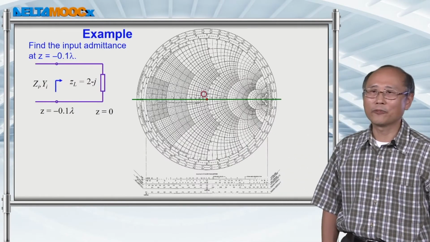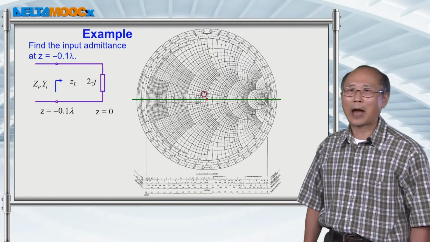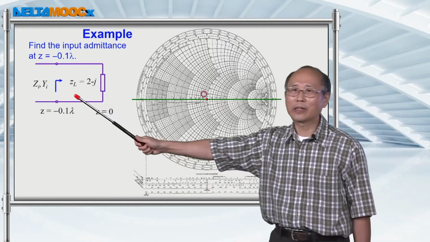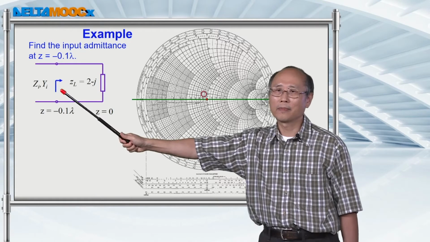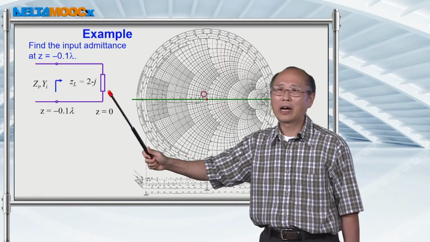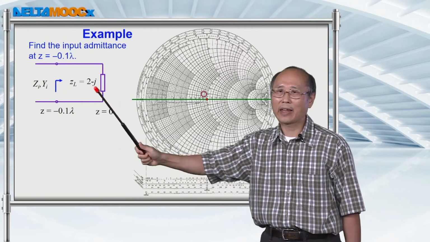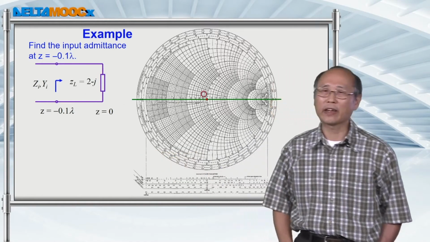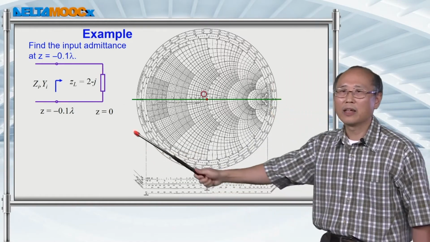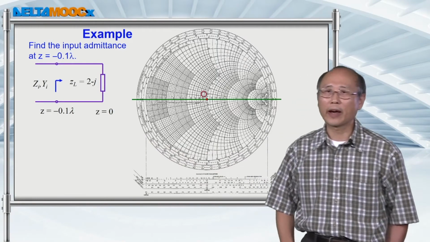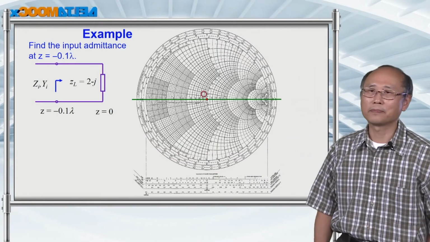Now, let me give you one example. For example, I want to know the input admittance at this point, subject to a load impedance at the end equal to 2 minus j. And again, 2 minus j is the normalized load impedance.